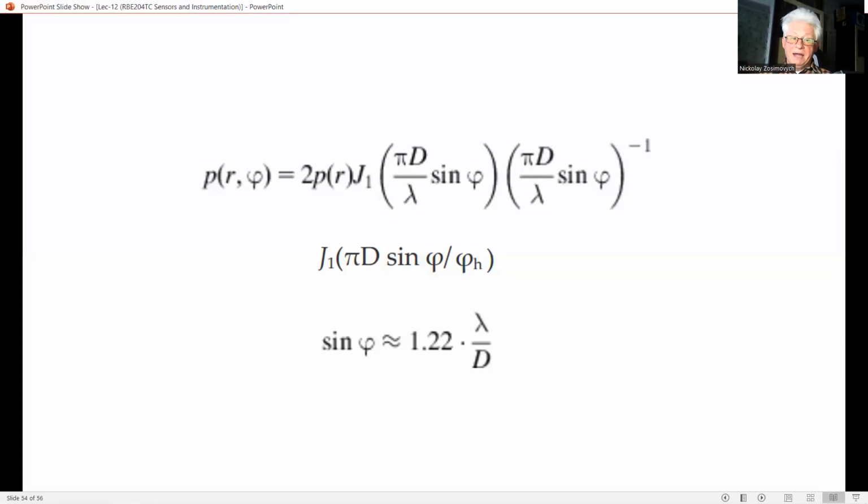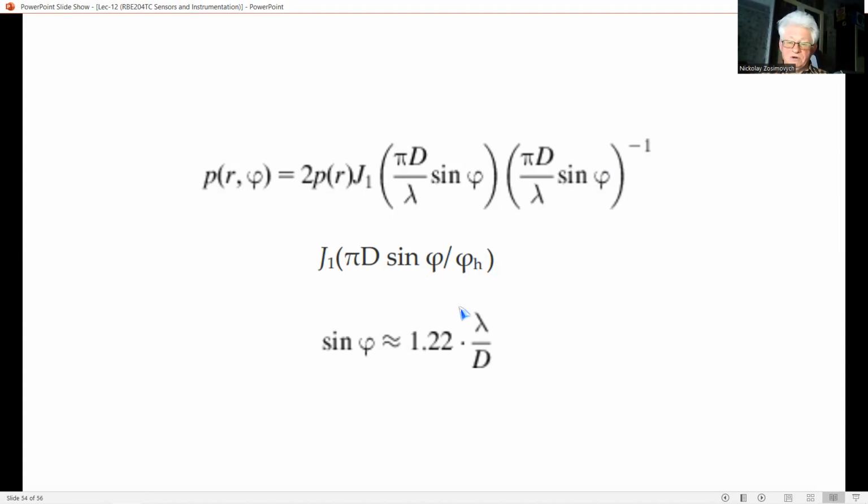The width of the main lobe follows from the equation, an approximate value for the angle. The approximate value for the angle of divergence, the cone angle of the main lobe, is given by the expression for sine of phi.